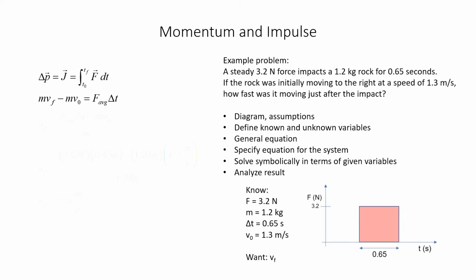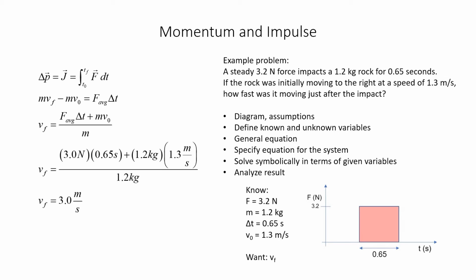That works well for our function. Solving that for v final, we get v final equals average force times delta t plus mv0, all divided by the mass. Plugging in our values, we calculate that our final velocity should be 3.0 meters per second.